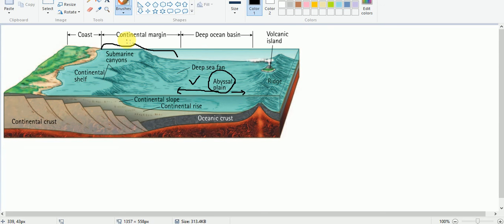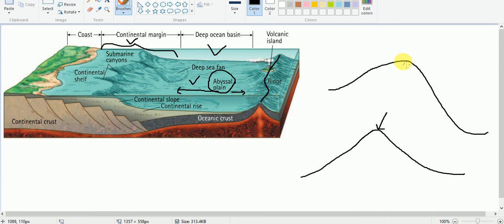First we have this continental margin. Next we have this deep ocean basin or abyssal plain, and last we have these mid-oceanic ridges. Let us suppose this is a mountain range, and the highest line along a mountain range is known as a crest.